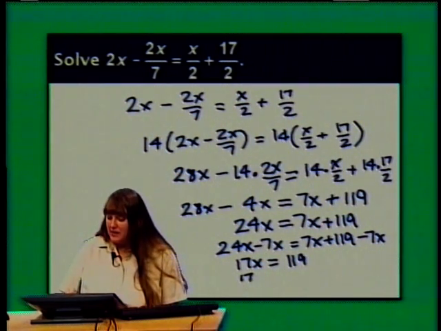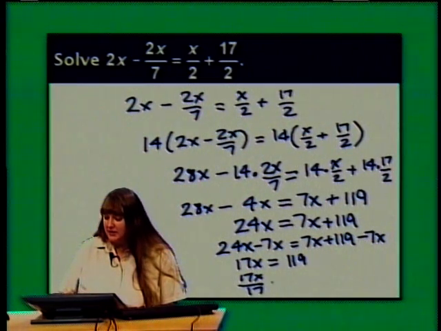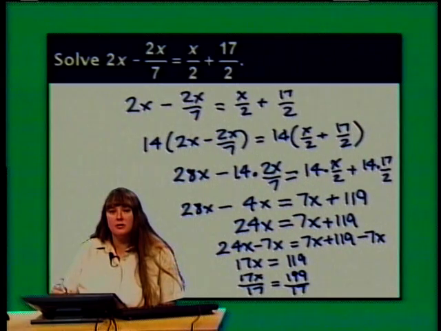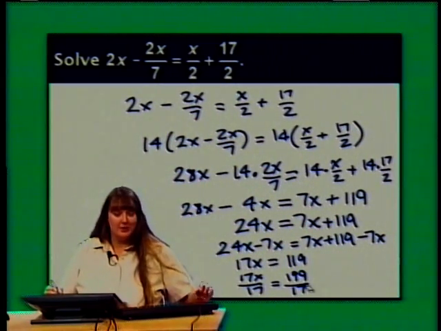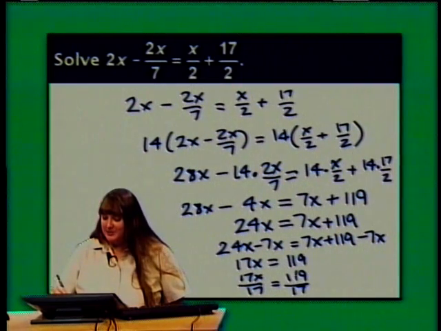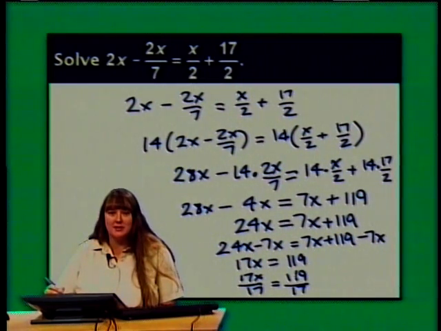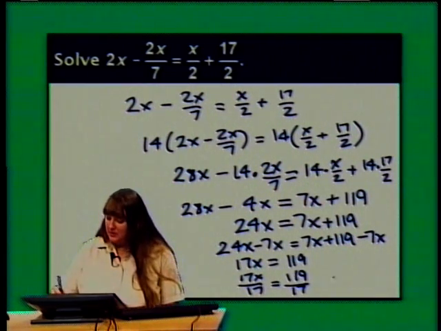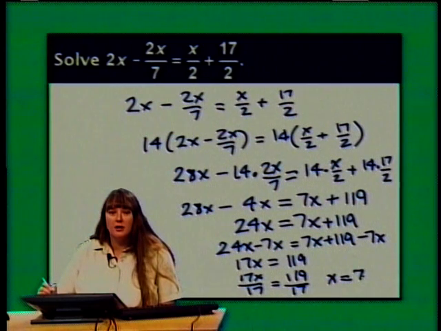Now if I divide both sides of this equation by 17, that's supposed to be 119 divided by 17 on the right, which I know is 7. So I have an equivalent equation, x equals 7, which has an obvious solution of 7.